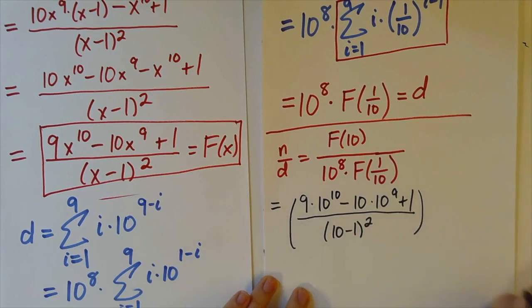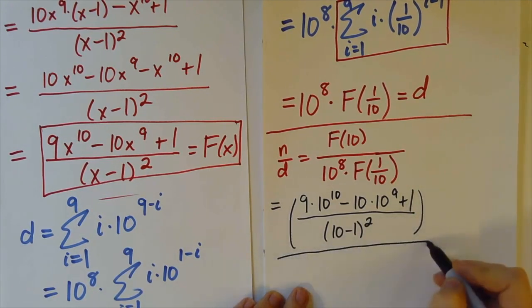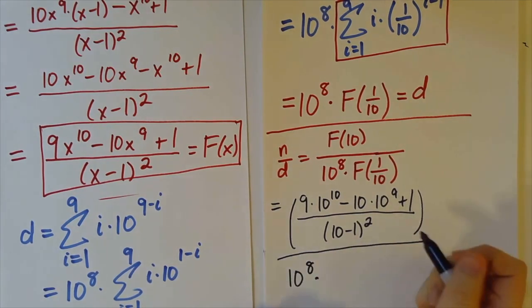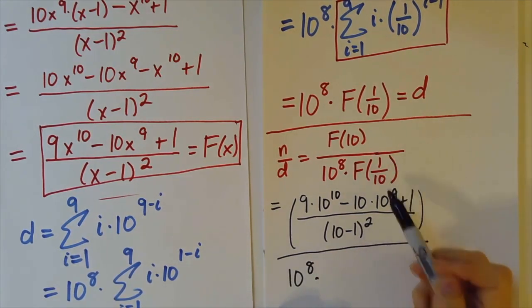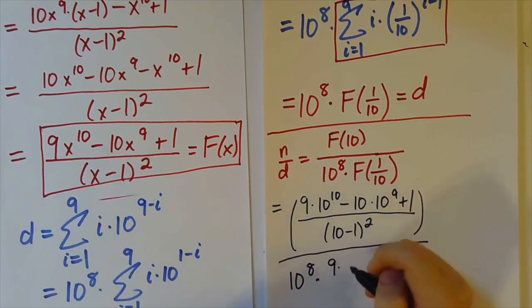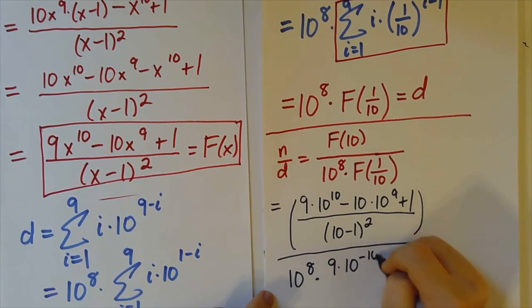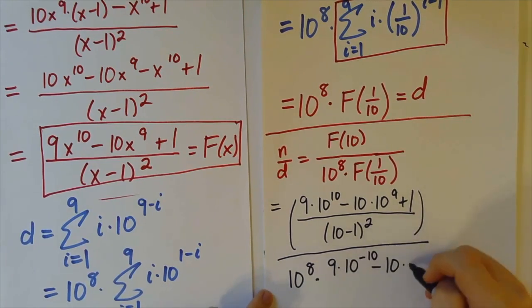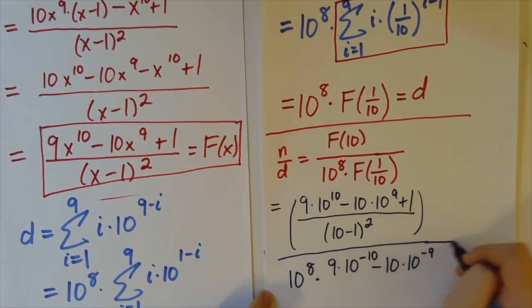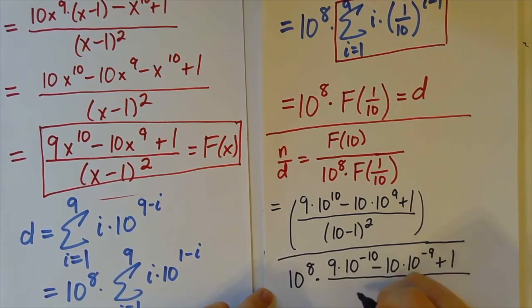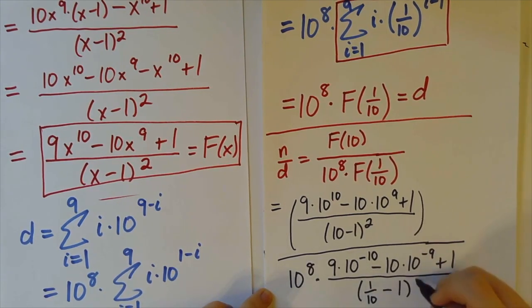That's n, all divided by, and now 10 to the 8th times, and now f of 1/10, which is going to be 9 times, and I'm going to write this as 10 to the minus 10th, minus 10 times 10 to the minus 9th, plus 1, all divided by 1/10 minus 1 squared.